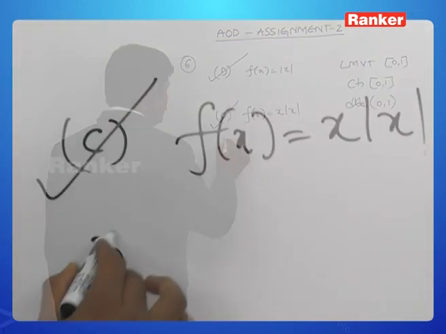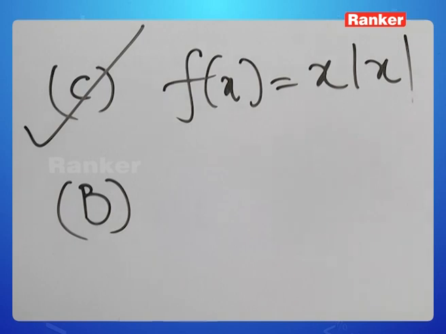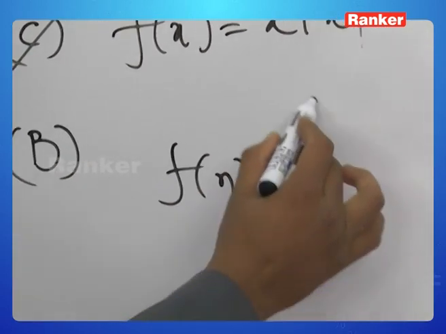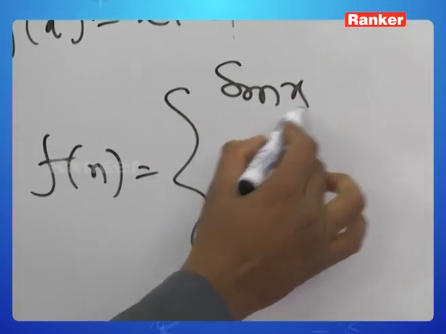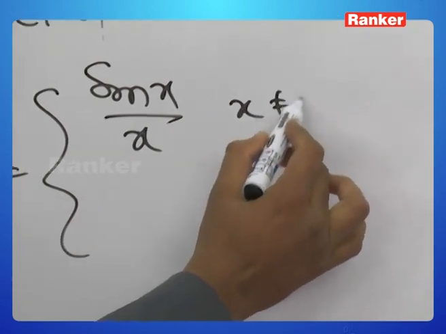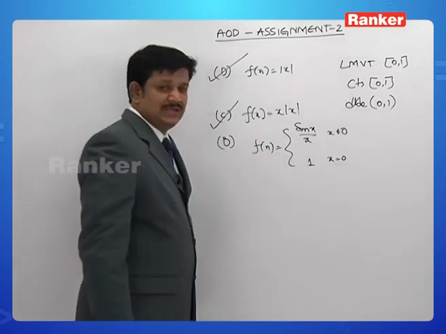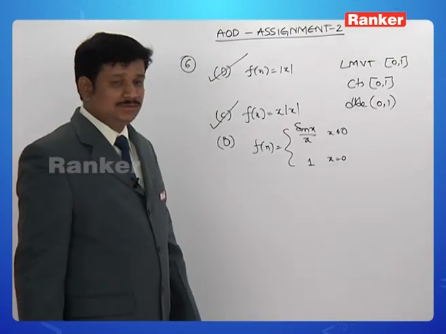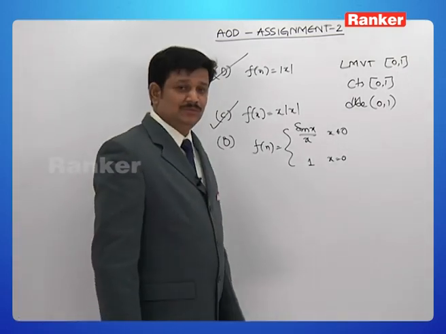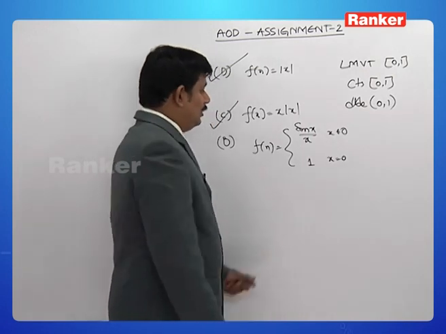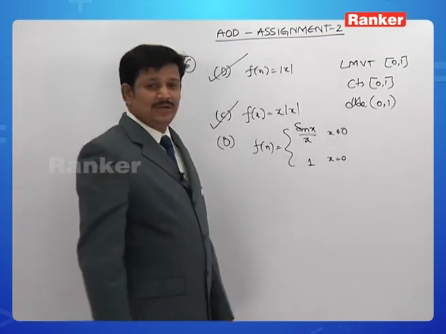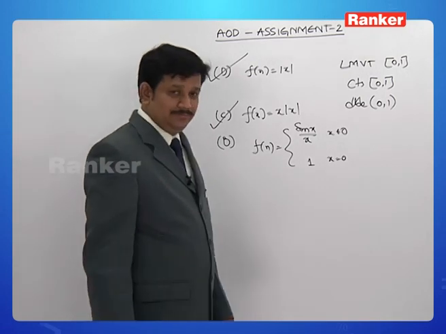Let us look at option B. F of x is equal to sin x by x if x is not 0 and 1 if x is 0. Now, observe continuity of this function in closed 0 to 1.